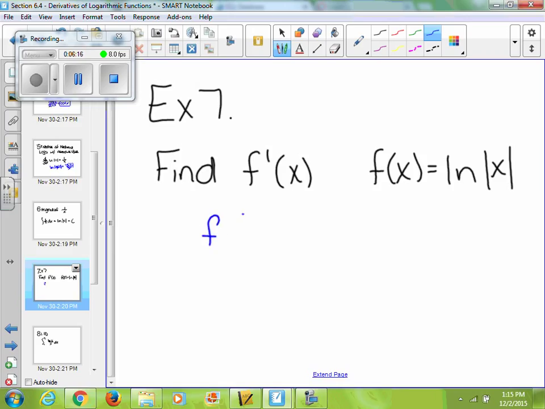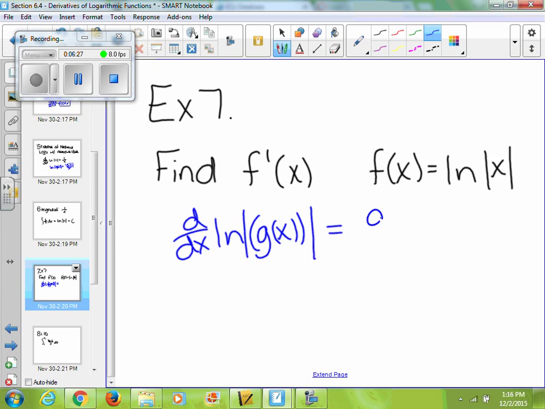Okay, so knowing that the derivative of the natural log of any function g of x is equal to the positive g prime of x divided by g of x, let's let x be my g of x function.